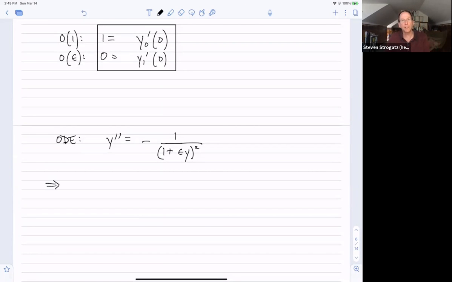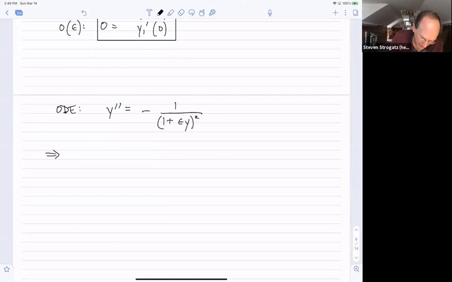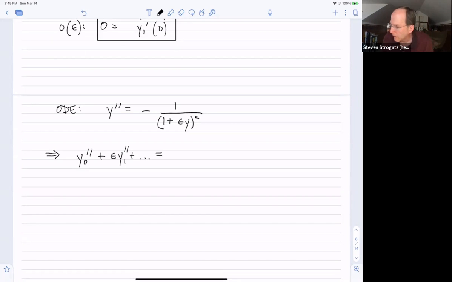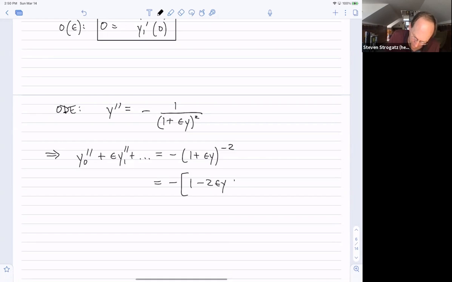So with the series assumption we've been making, plugging that in, on the left, we'll get y0 double prime plus epsilon y double prime plus ... The stuff we're neglecting is, think of it as minus 1 plus epsilon y to the minus 2 power, which you could write with the binomial theorem as minus 1 minus 2 epsilon y plus order epsilon squared stuff that we're neglecting anyway.